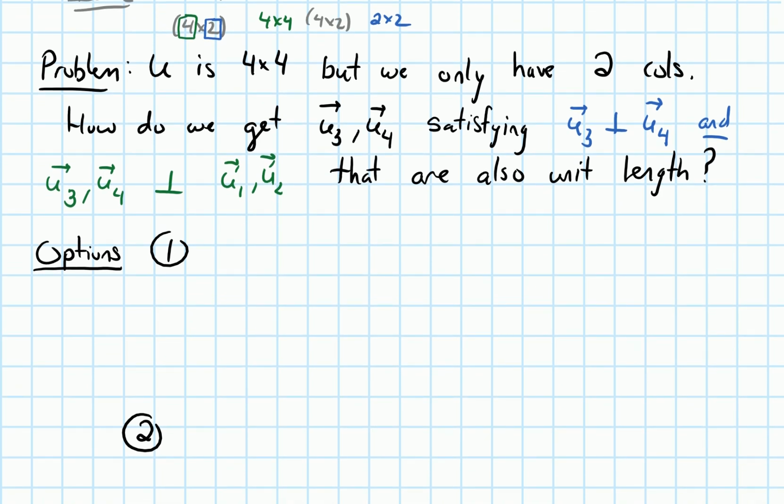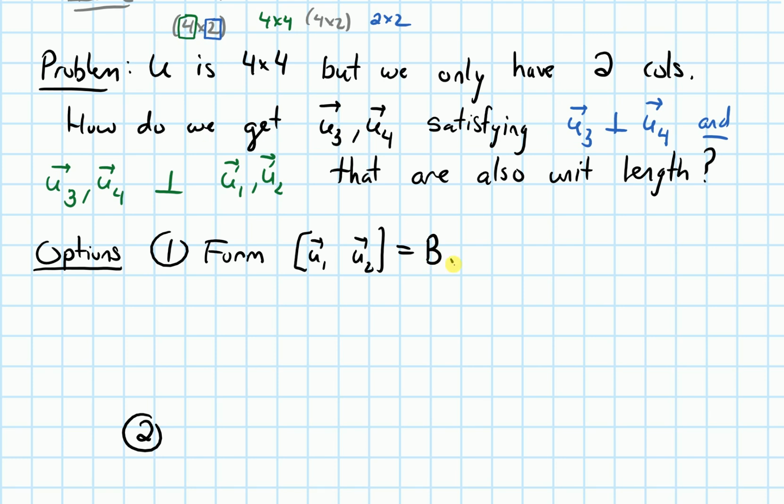So the first option is, we want to get some vectors that are orthogonal to u1 and u2. So what we can do is form a matrix that has u1 and u2 as the columns. Let's call this matrix B. It doesn't really matter what we call it. We probably don't want to call it A though, because we already had a matrix A in our problem.